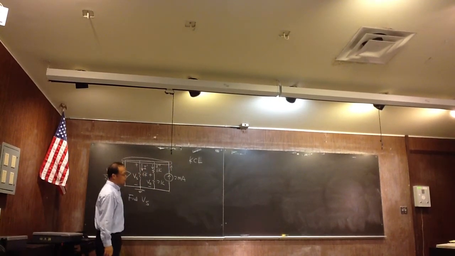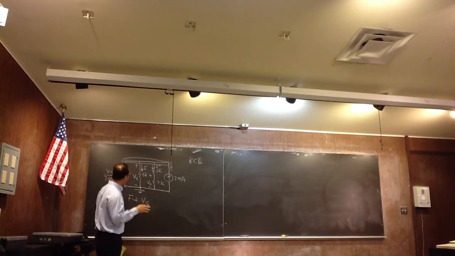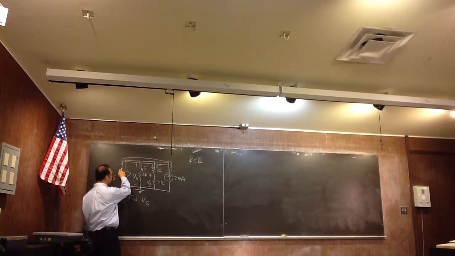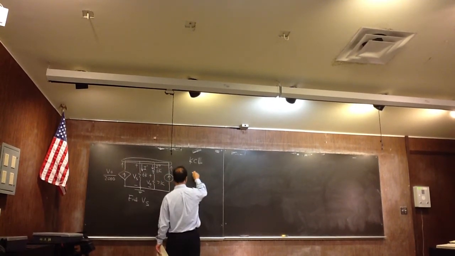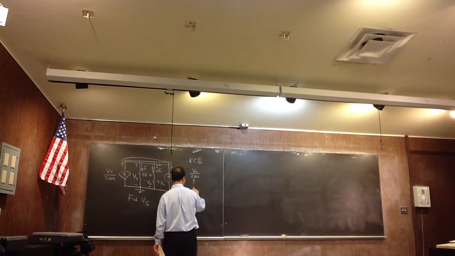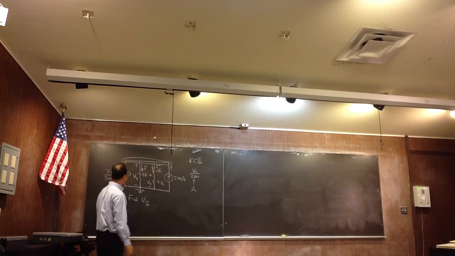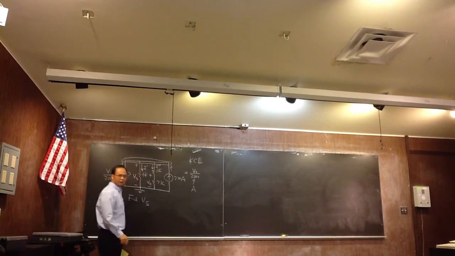Now you have to make a sign notation. Let's say if the current is entering, it's positive. The current leaving is negative. So I have V0 over 2000. Of course, the unit for this is amps. That's entering, so plus sign.